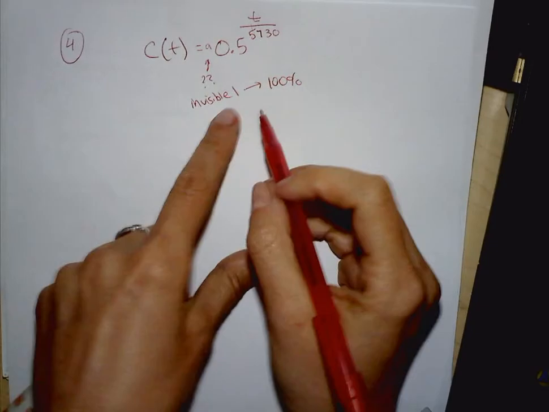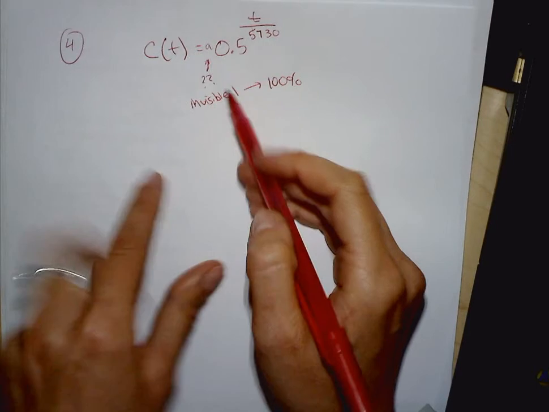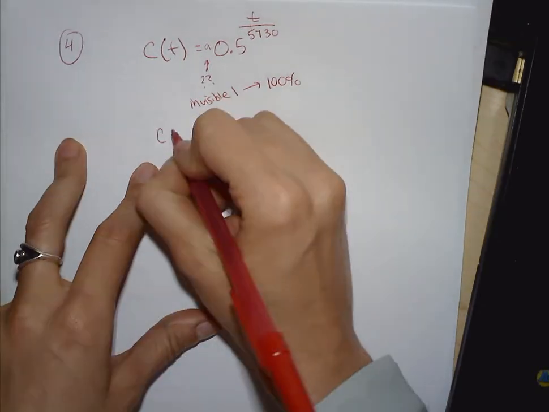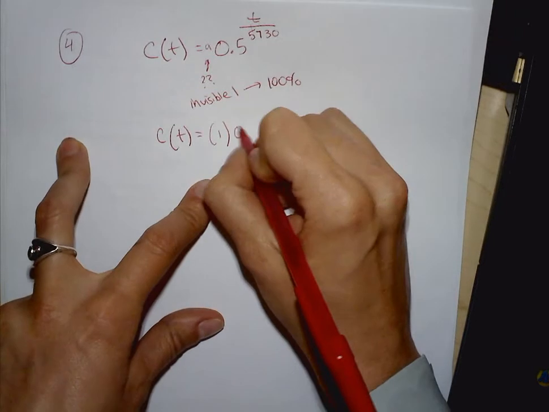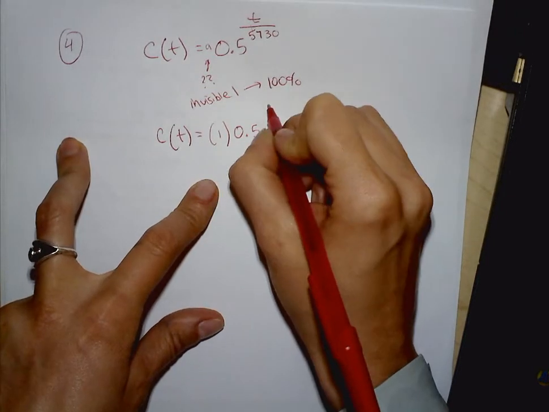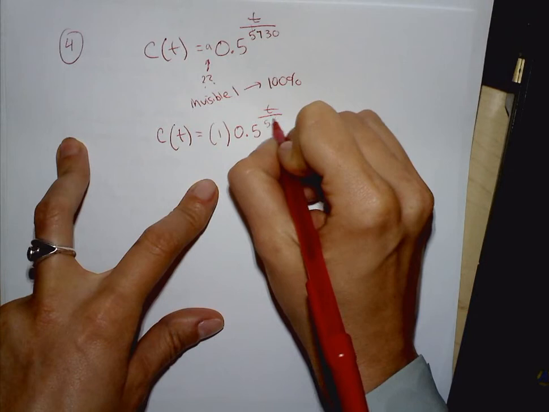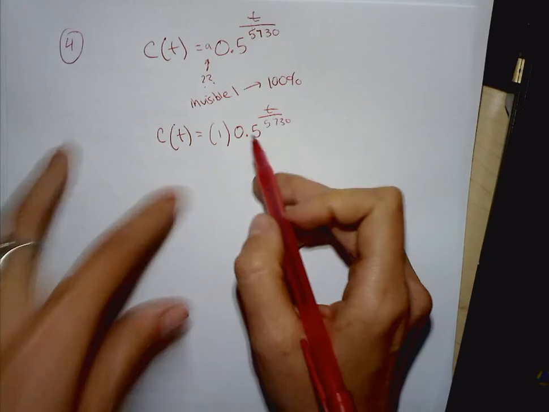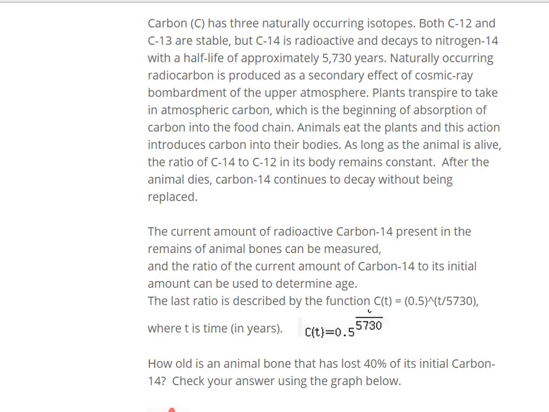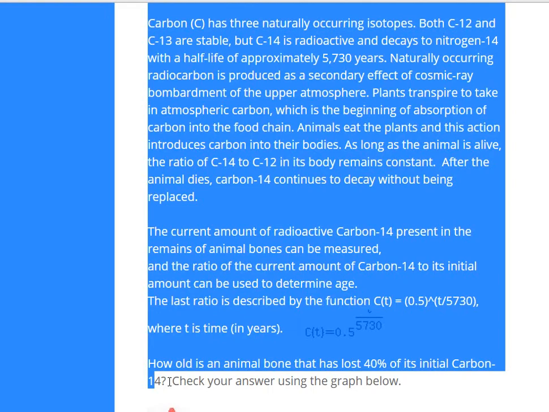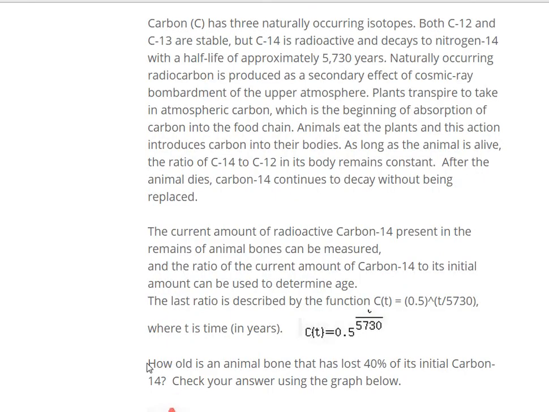We have a 1 here. So it's like C of T is equal to 1 times 0.5 to the T over 5,730, where T is in years. So if I want to figure out, the question said, sorry, I keep going back and forth. How old is an animal bone that has lost 40% of its initial carbon?